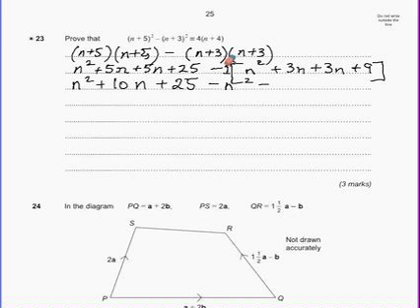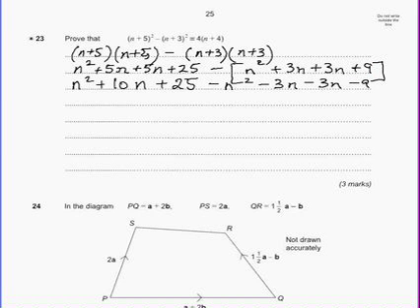So let's continue. A minus times a plus makes a minus, and then here we have 3n, so we're going to write 3n here, and then again minus and a plus makes a minus, and then we've got 3n, and then a minus and a plus makes a minus, and then we've got a 9.